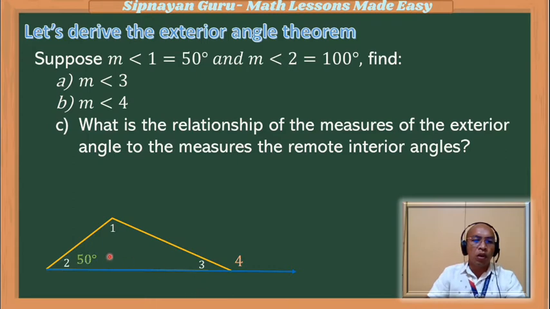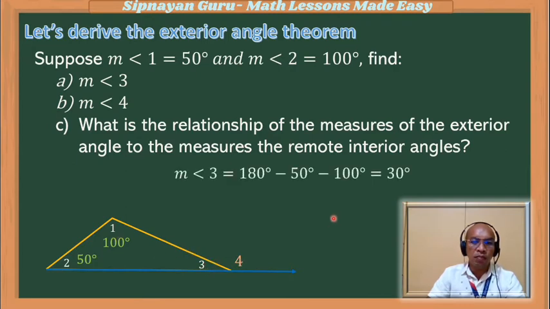Now, we all know that if this is 50 and this is 100, the sum of the three angles of any triangle is always 180 degrees. Therefore, the measure of angle 3 must be 30 degrees. Again, angle 3 and angle 4 form a linear pair.